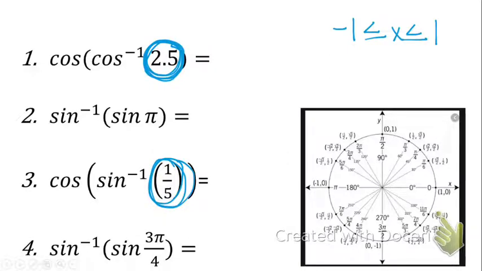Okay, so 2.5 is too high. So there is no angle that has a cosine value of 2.5. So number 1 is D and E, or undefined, but that doesn't exist.